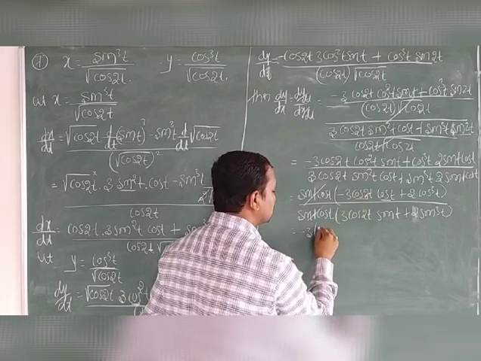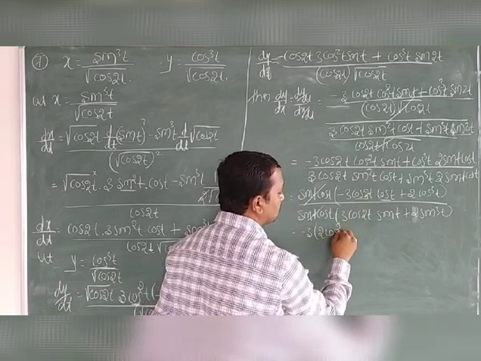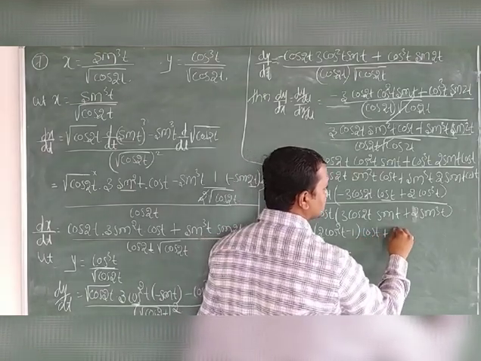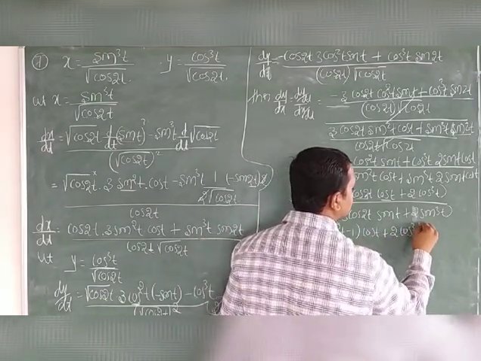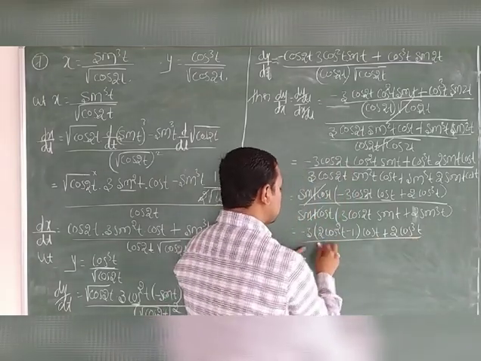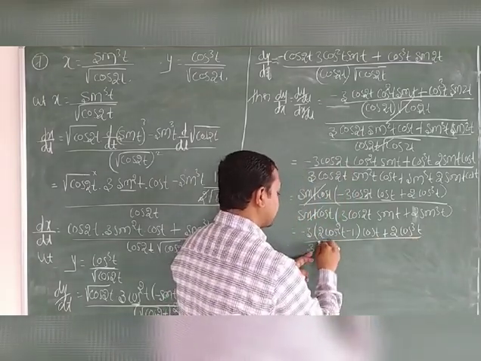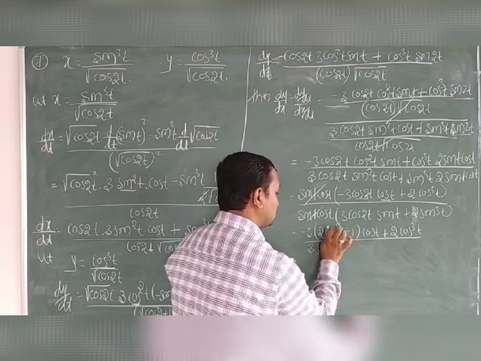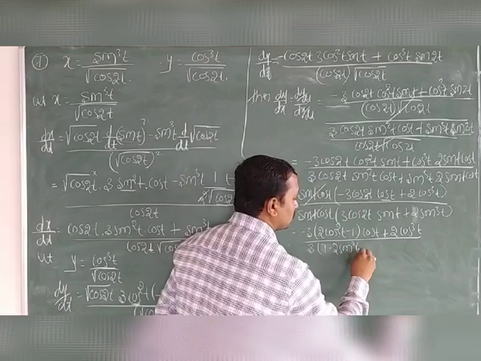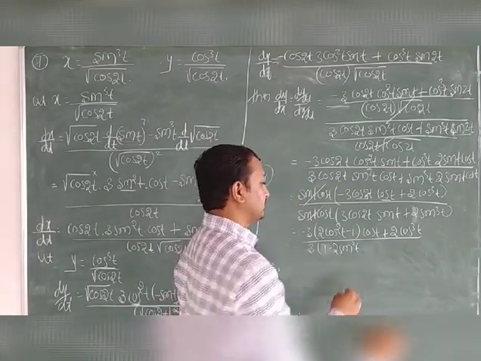What is cos 2t? 2 cos square t minus 1. And cos t as it is, plus 2 cos cube t is also as it is. Whole divided by, here also 3 as it is. Here I can write 1 minus 2 sin square t formula, 1 minus 2 sin square t.